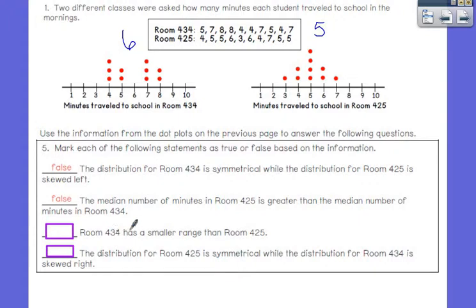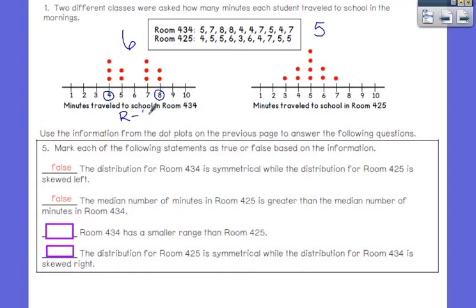Room 434 has a smaller range than room 425. Okay, range is your largest number subtracted by your smallest number. So here, my largest number used is an 8. Smallest number is a 4. You subtract them. 8 minus 4.